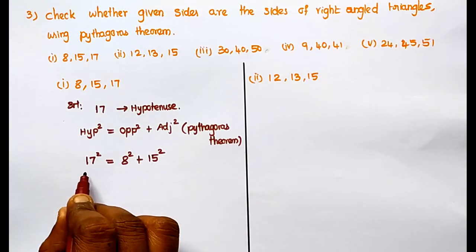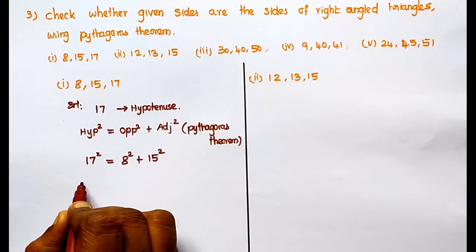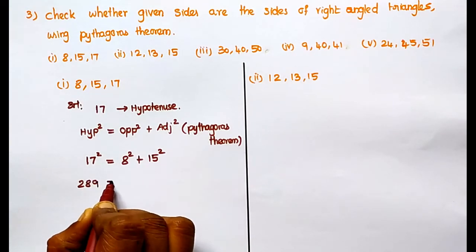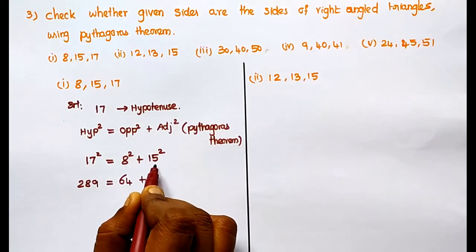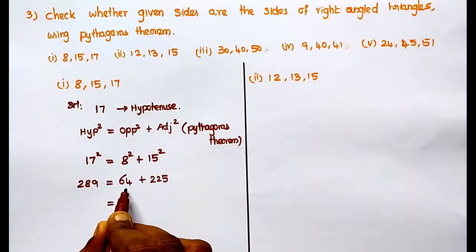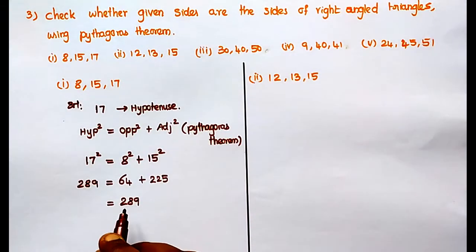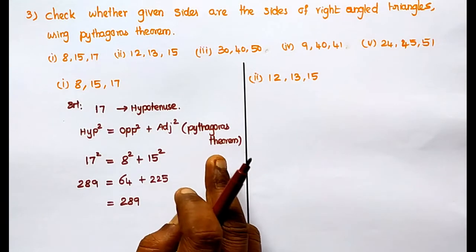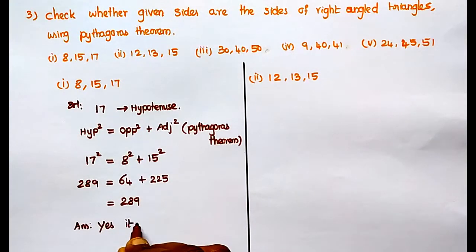What's the answer? 17 squared, 17 into 17, 289 equal to 8 into 8, 64 plus 15 into 15, 225. So, add this and we get 289. So, it satisfies the Pythagoras theorem. Answer yes. It is a right angled triangle.